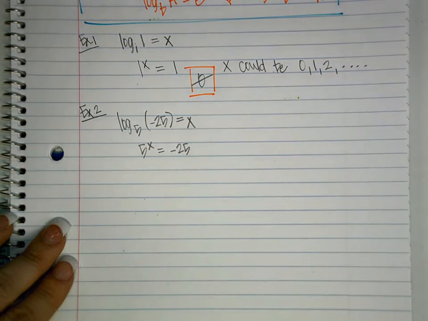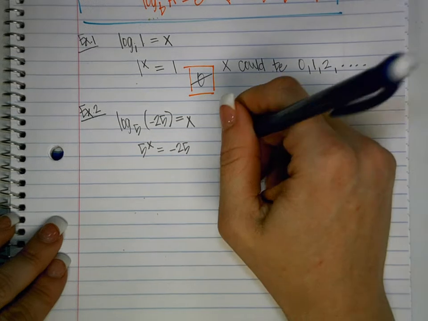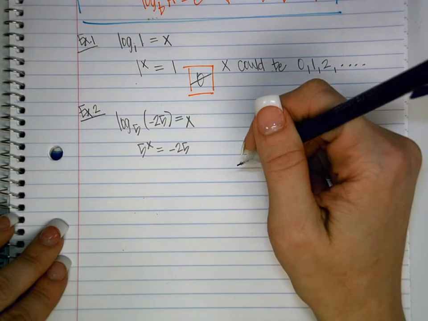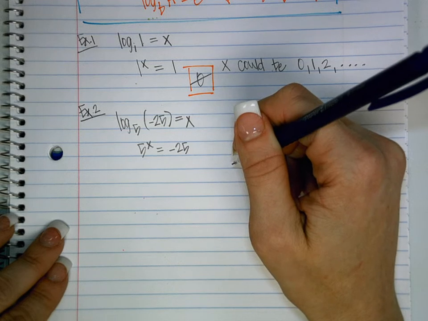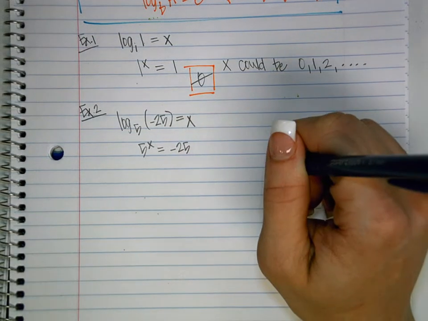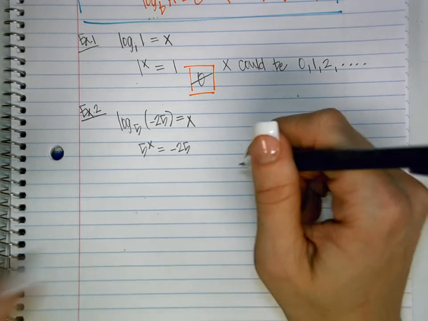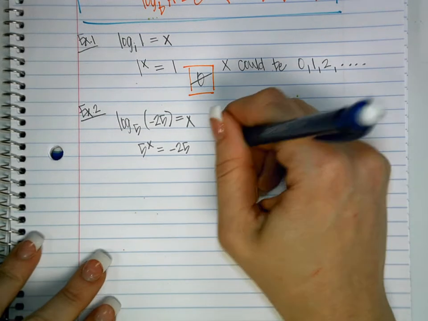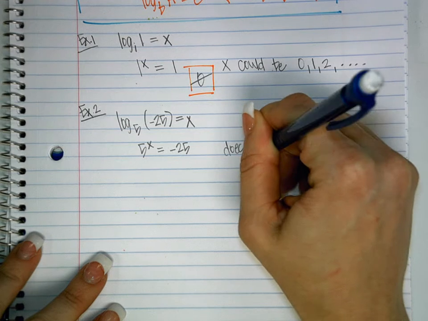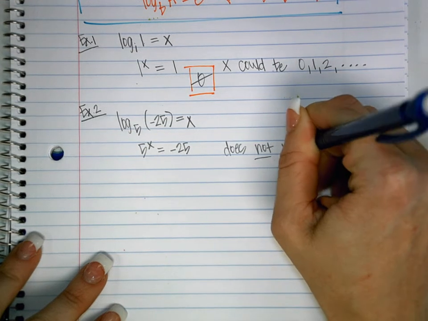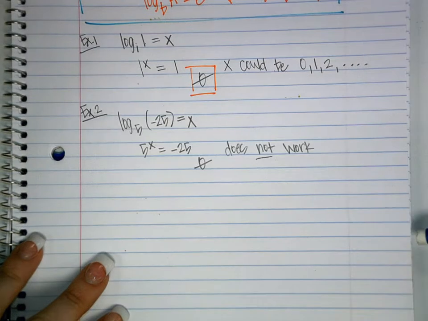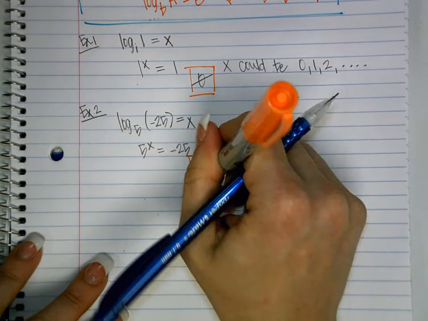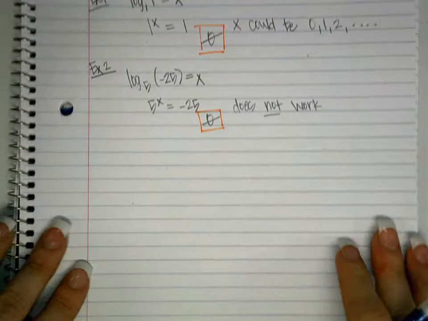So what power of 5 gives you a negative 25? Can any power on a positive make a negative? No. This does not work. Therefore, again, your answer is no solution.